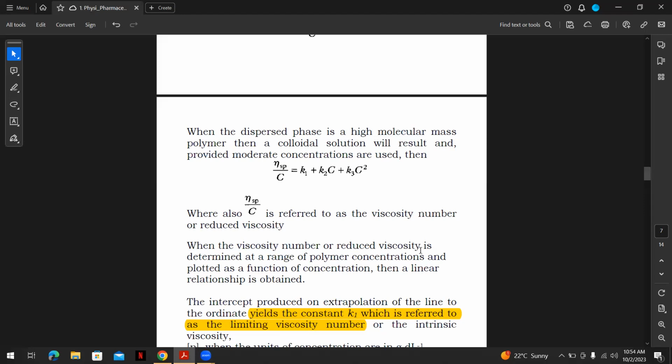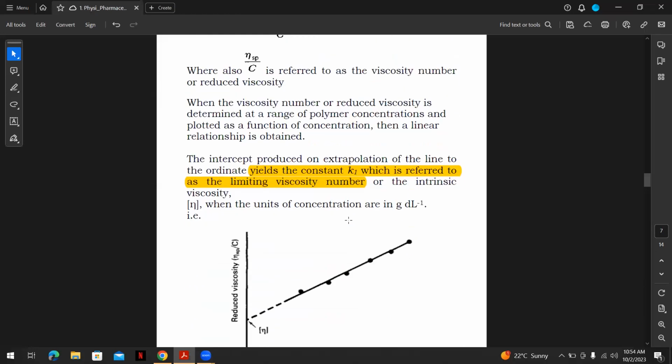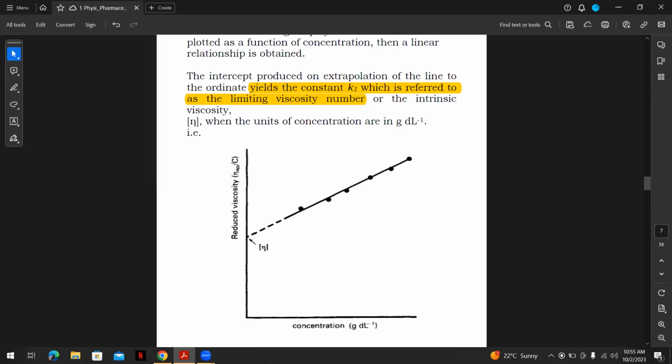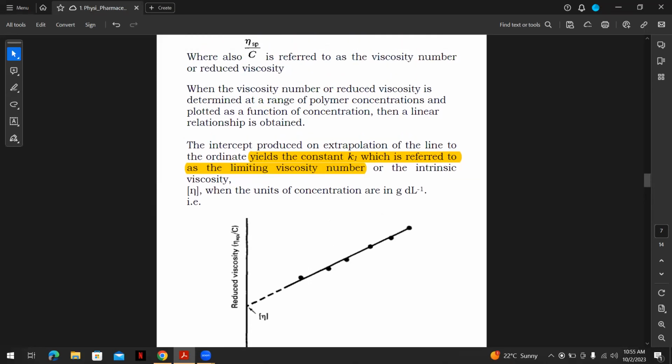When the viscosity number or reduced viscosity is determined at a range of polymer concentrations, as we see here, and plotted as a function of concentration, a linear relationship is obtained from the graph. This value NSP over C is also called reduced viscosity. When plotted against the concentration in grams per deciliter, you get a straight line.